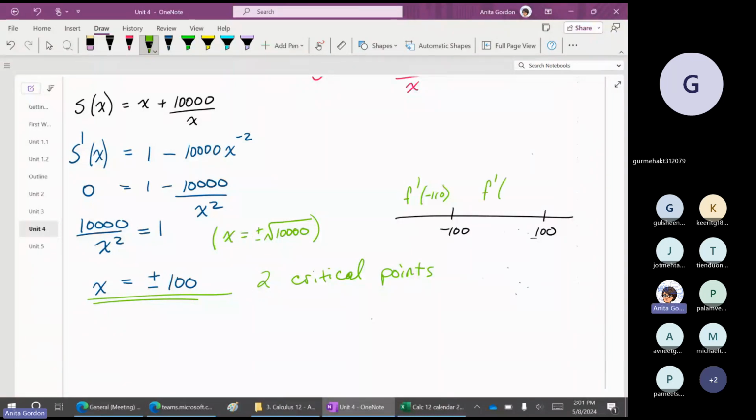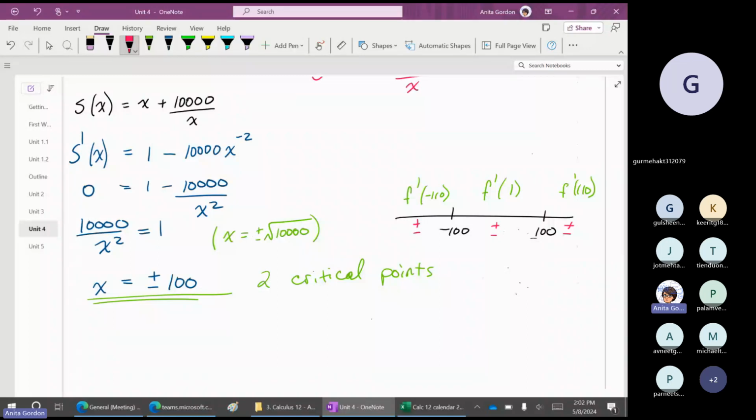Let's test s prime of something in between negative 100 and 100. Any number will do. And let's test s prime of positive 110, any number on the right side of 100. So you could do this and decide, is this positive or negative, and you could see where the max and mins are.